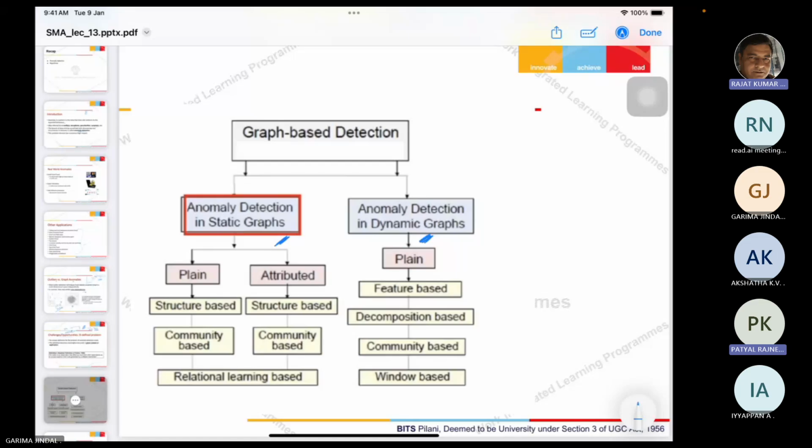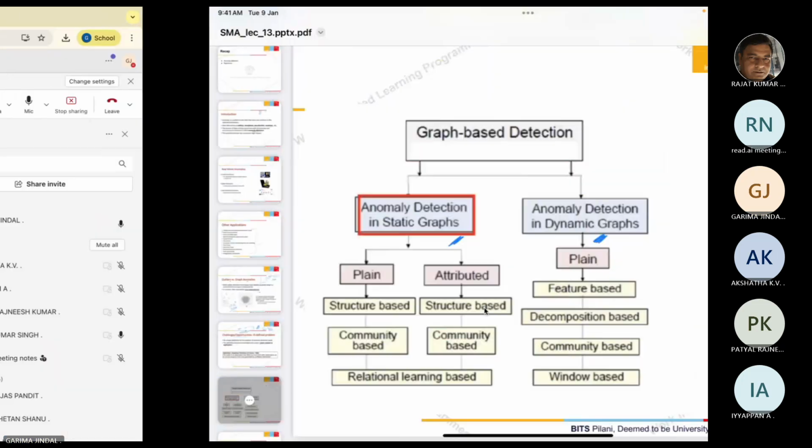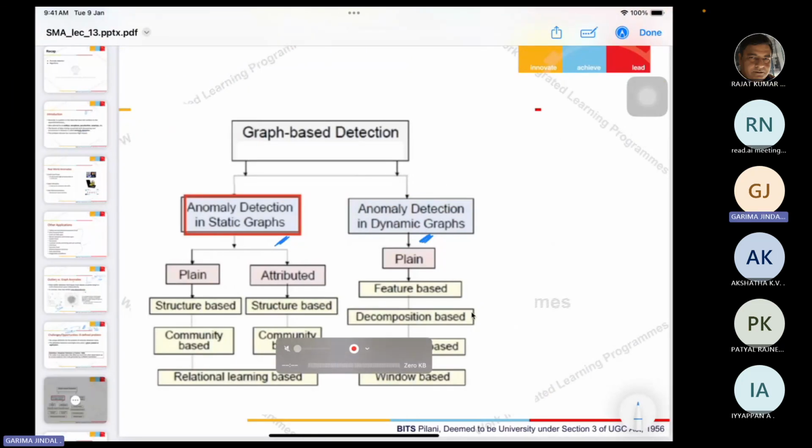It keeps changing. It evolves over a period of time. Yes, someone was answering: it changes over time. Yes, so in the dynamic graph, we have a dimension of time.